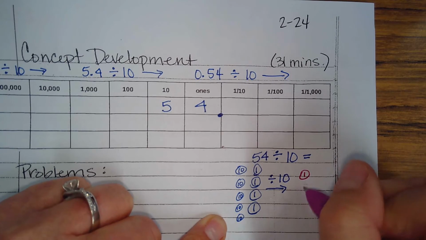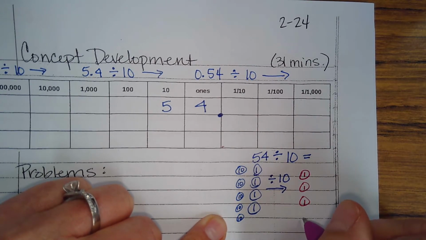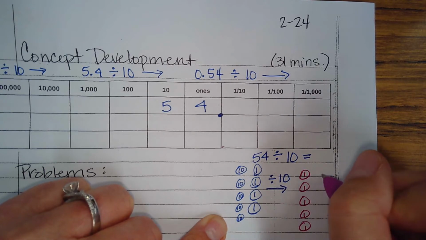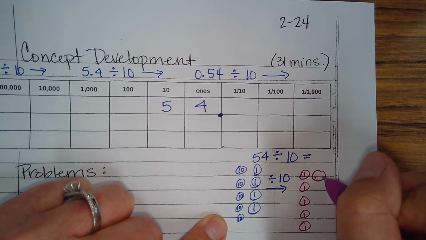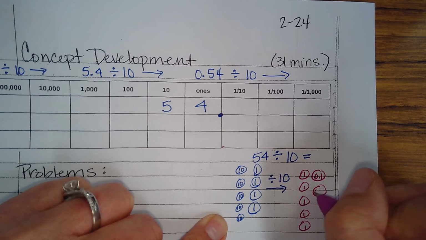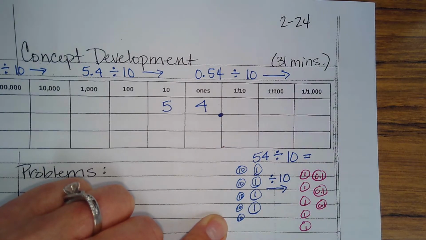Here's 1, 2, 3, 4, 5. And then now watch me here. This is going to be a point. This is going to be 0.1. So we're dividing it into 10.